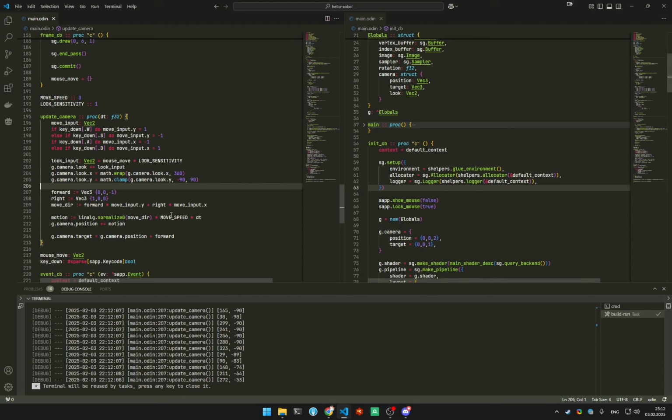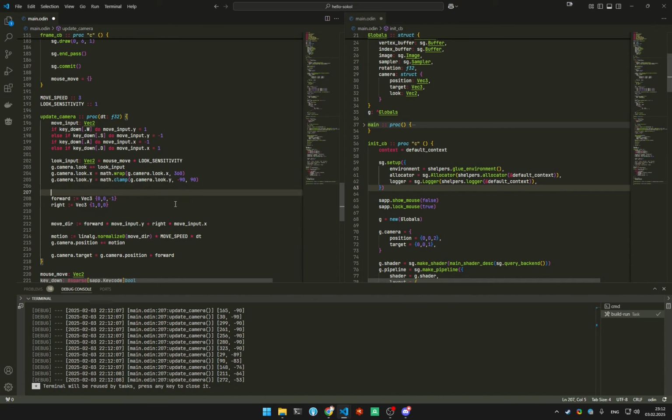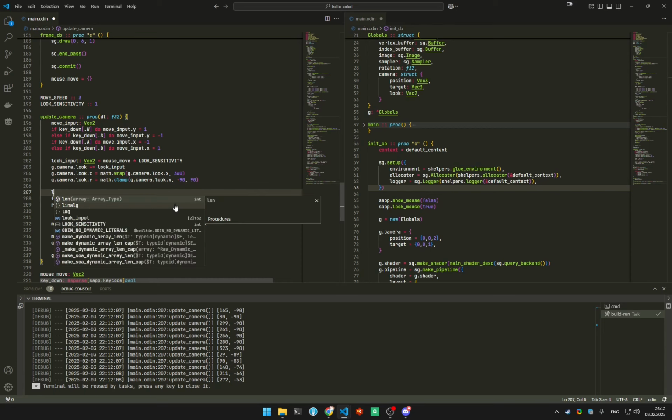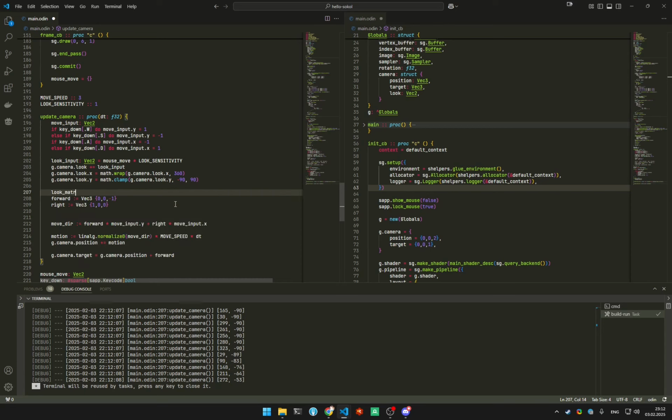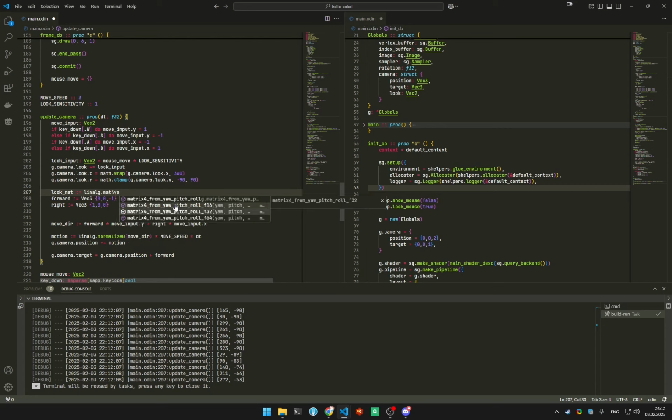And finally, what we need to do is calculate these guys based on our look. And thankfully, linalg can do this very easily. We can just say, give us a look transformation matrix, linalg mat4 yaw pitch roll.